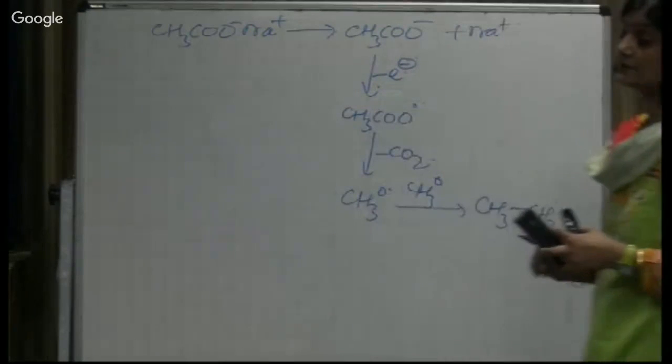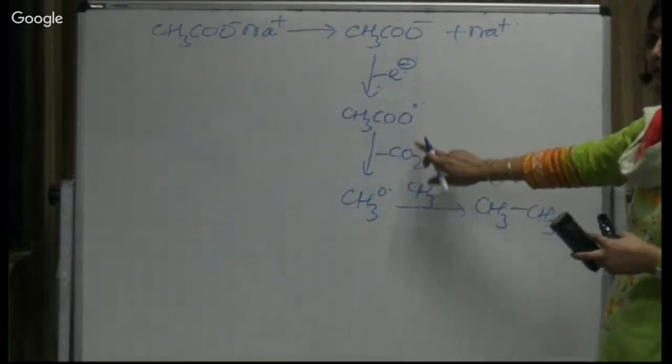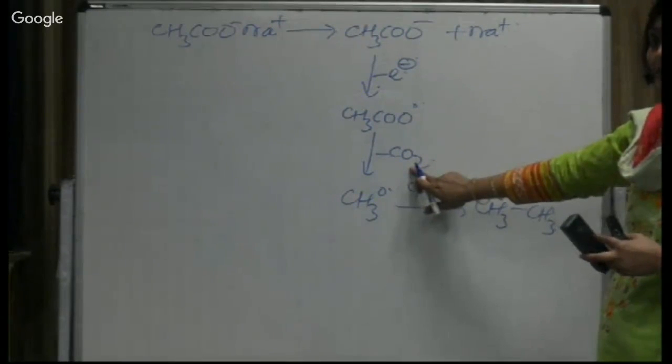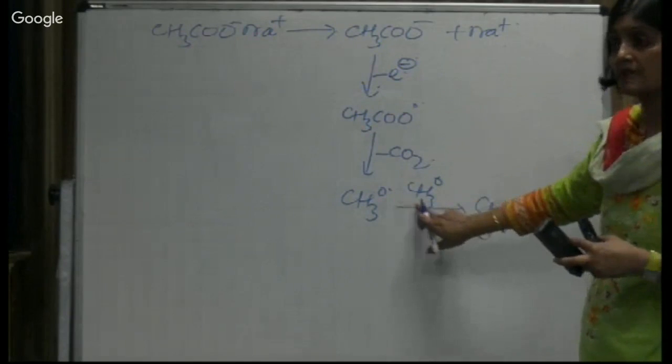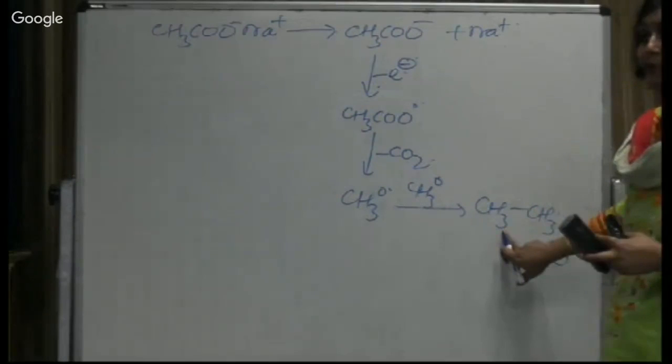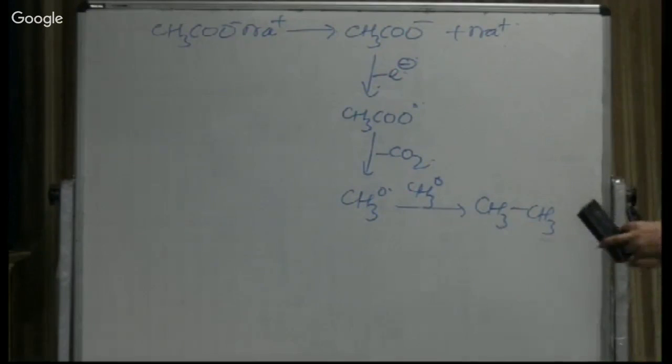That's how the reaction takes place. The acetate ion will lose an electron to form the free radical. The free radical then loses a molecule of carbon dioxide to give you the alkyl free radical, and this alkyl free radical will then combine with itself, and then it will form the corresponding alkane. This mechanism I've already discussed.